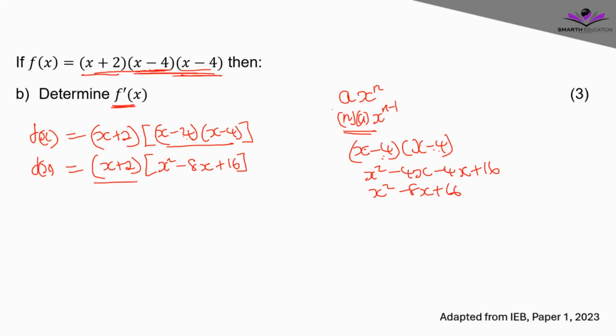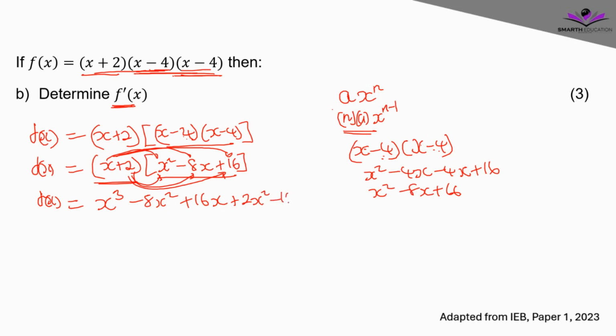Let's expand. Let's multiply the binomial and the trinomial. So we're going to multiply everything in the second bracket by x. It becomes f of x is equal to x cubed minus 8x squared plus 16x. Then we multiply everything by 2. So it's going to be plus 2x squared minus 16x, then plus 32.